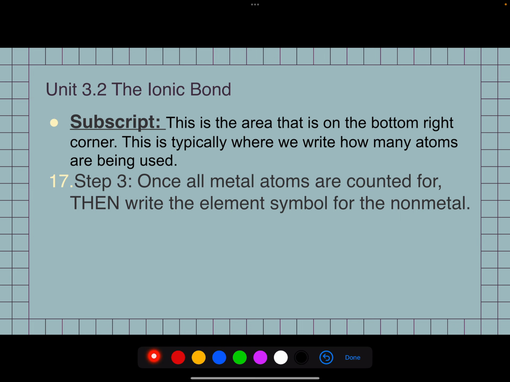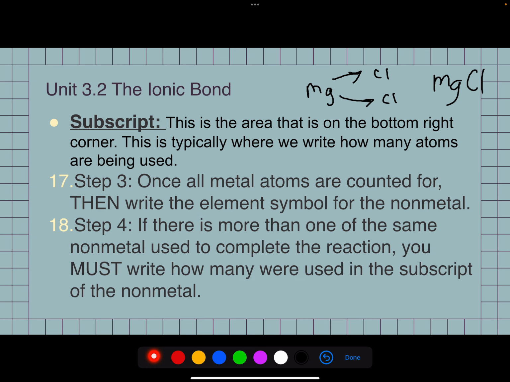So I had Mg, and then this is being shared to 2 different chlorine atoms. Once all the metal atoms are accounted for, so I had my Mg, I only used 1, then write the element symbol for the nonmetal. So this is where we write our chlorine. So we have Cl.